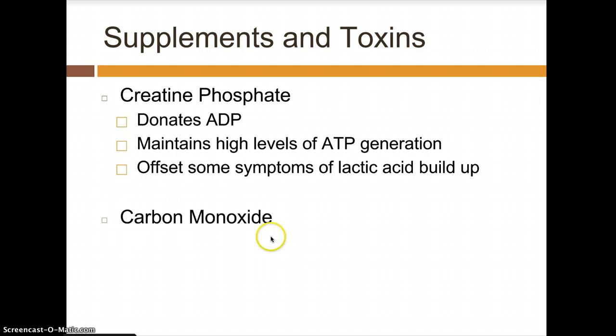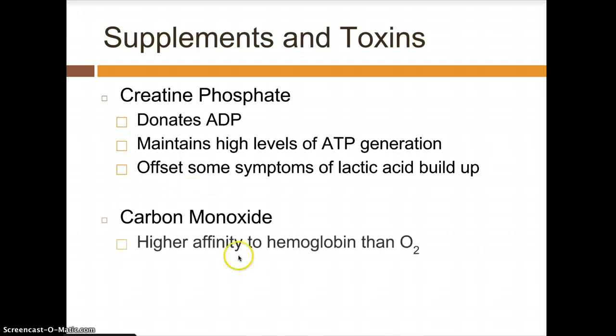You'll see that some toxins, like carbon monoxide, are also relevant. Carbon monoxide is an interesting toxin. This is produced often in cars and things like that. What happens is it has a higher affinity, or a greater ability, to bind to hemoglobin than oxygen. So it'll actually replace oxygen in your blood, and it will bind a lot easier, and then it blocks the oxygen from binding, and then you don't have delivery to your muscles, and you're producing no aerobic respiration.